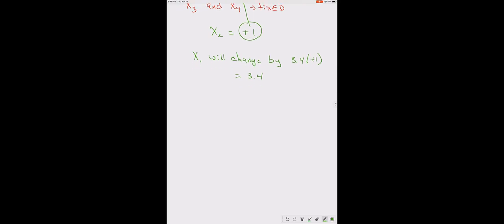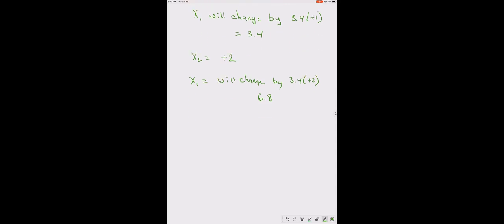What if it's changed by 2 units? So x2 equals plus 2 units. Then x1 will change by 3.4 times positive 2. I multiply 3.4 times 2 and I get 6.8. And if it decreased, I'd put in a negative.